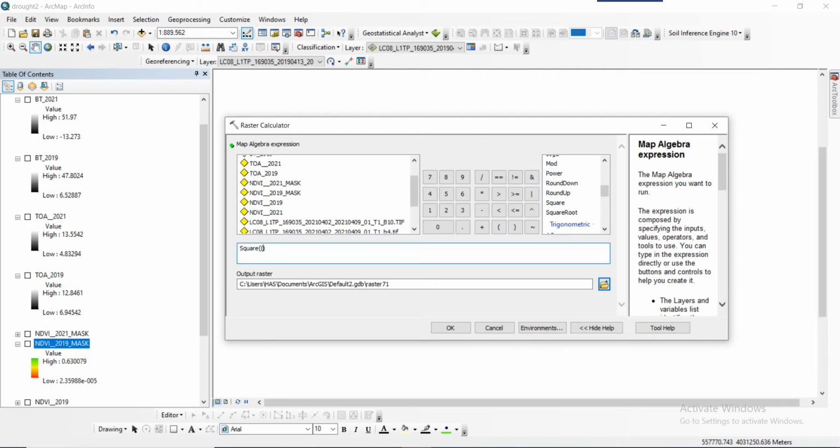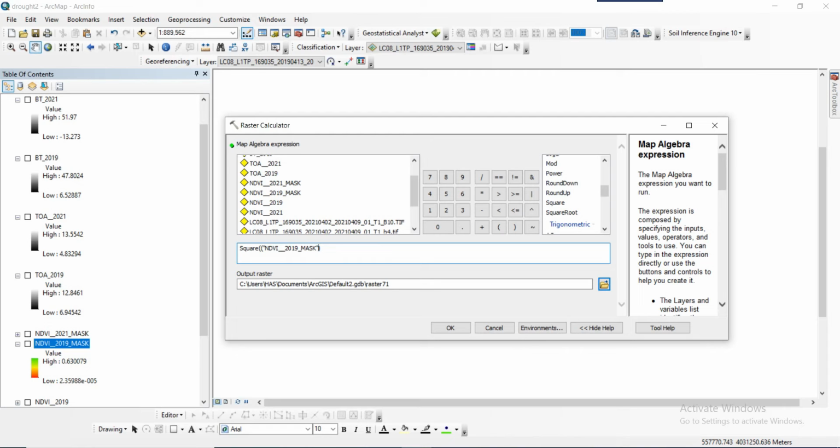Now in this training course we're gonna use NDVI 2019 with mask, but sometimes they are using just NDVI without masking. So we prefer to use it with mask, after deleting the non-vegetation areas.